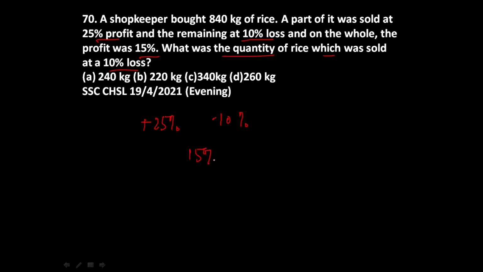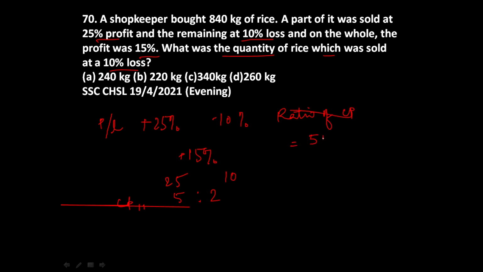It's allegation. It's a part of profit and loss, and it will be at CP. So it's 25 and it's 10, so it will be 5 is to 2. Ratio of CP is 5 is to 2.